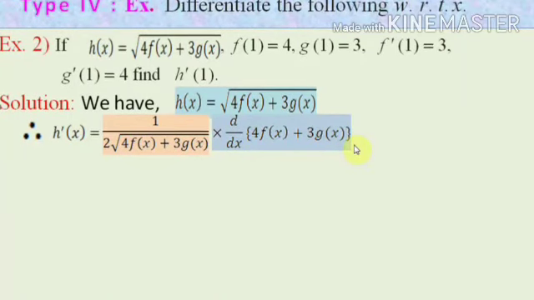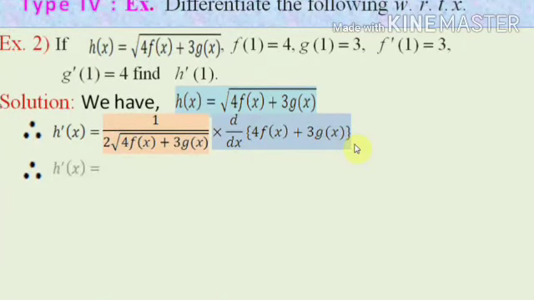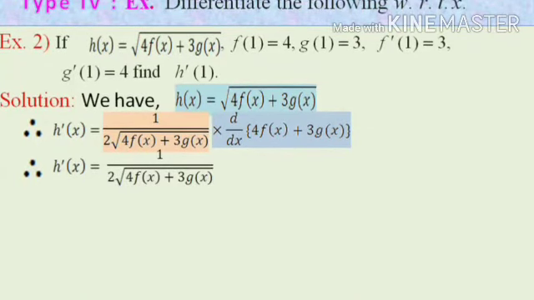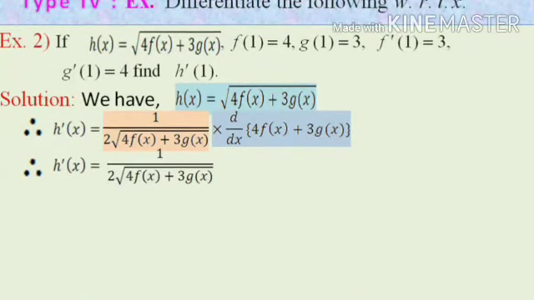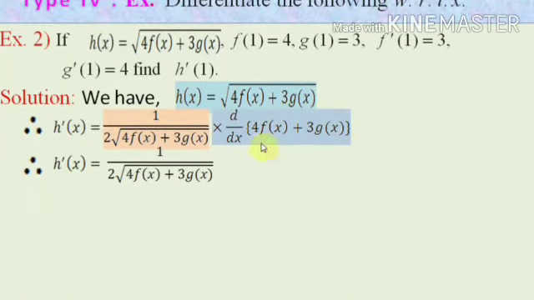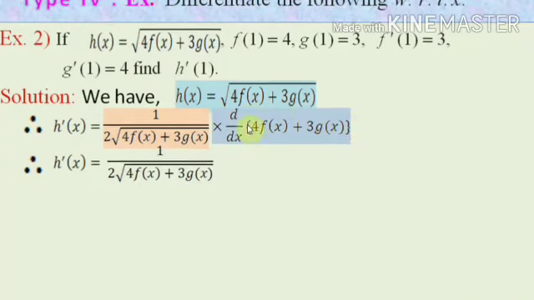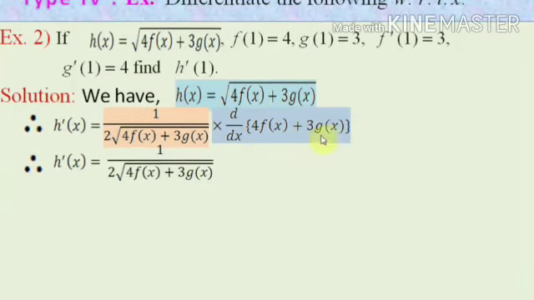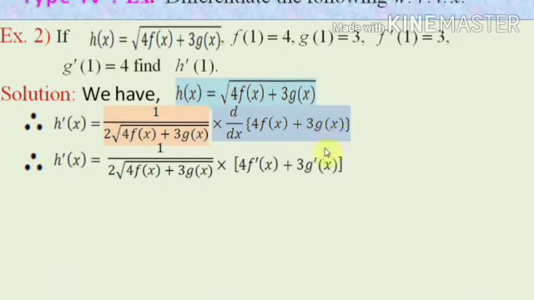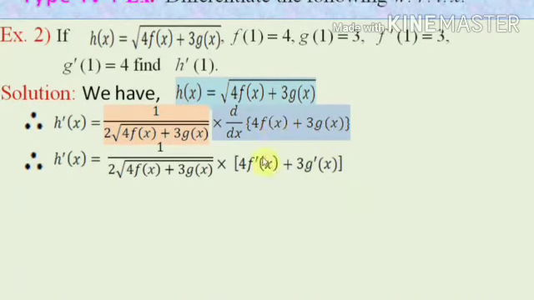Therefore h dash of x equal to first term as it is, 1 upon 2 root of 4 f of x plus 3 g of x, into taking the derivative of the second term, that is 4 into derivative of f of x, that is f dash of x, plus 3 into derivative of g of x, that is g dash of x.